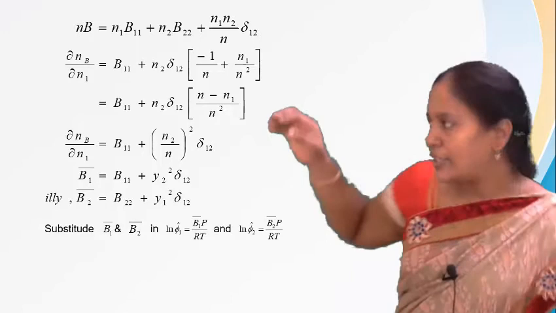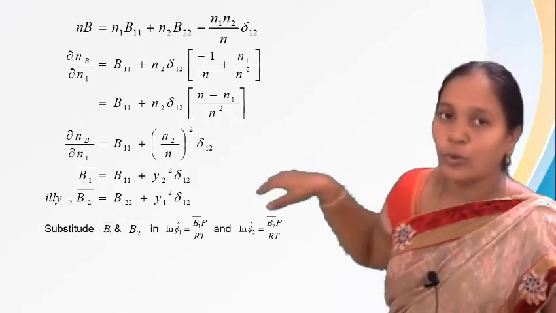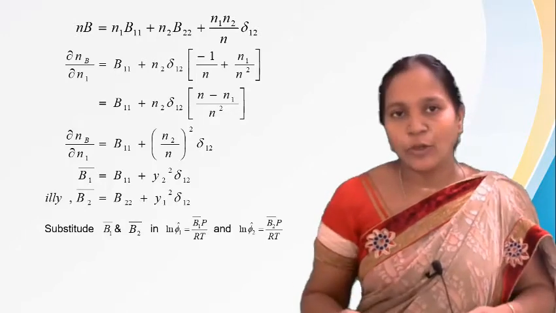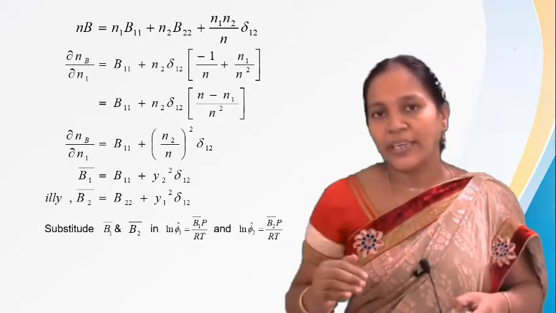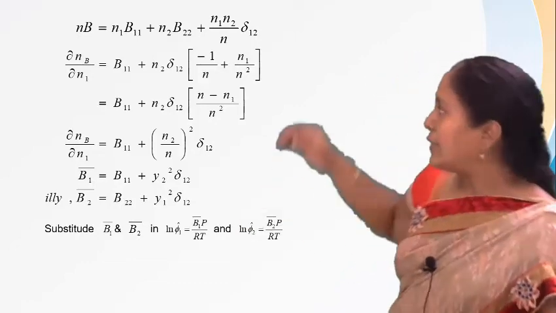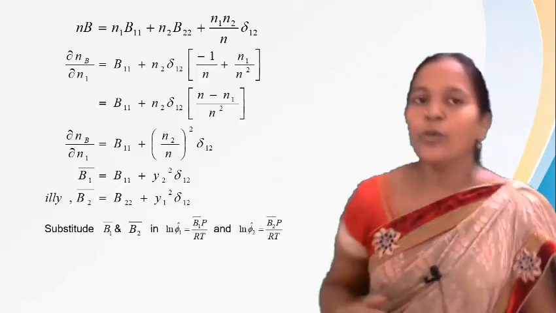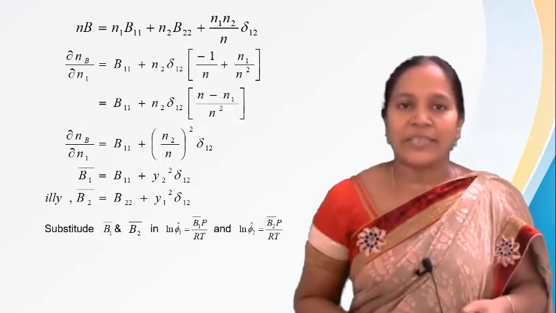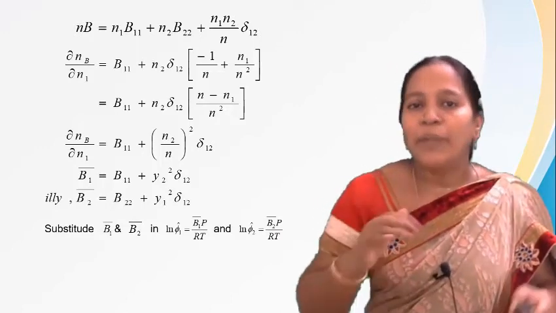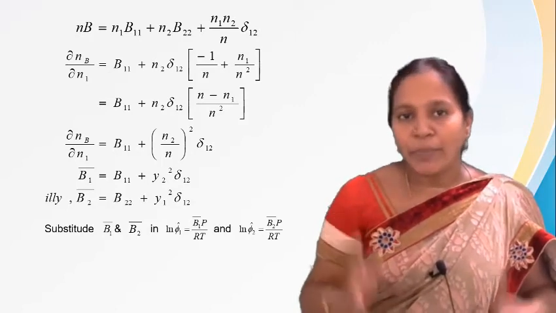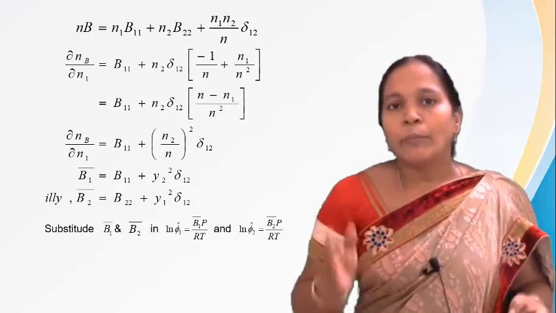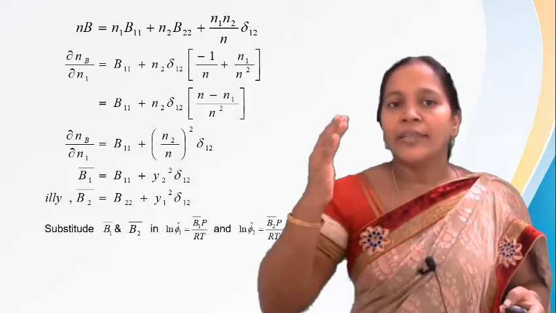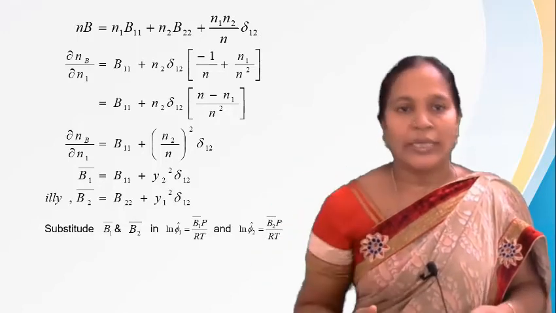Now differentiate the equation with respect to n1. Dou nB by dou n1 is equal to B11 plus n2 delta 12 multiplied with minus 1 by n plus n1 by n square. Similarly, differentiate with respect to n2.